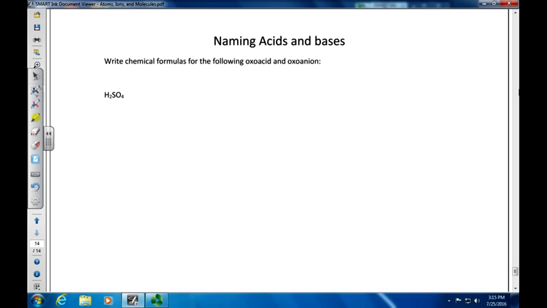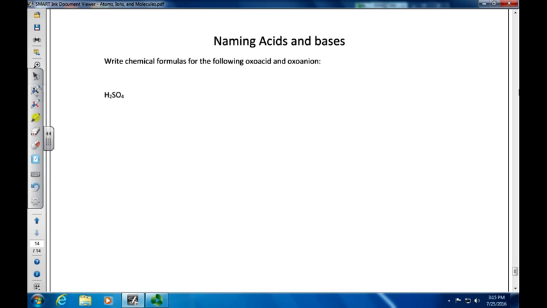And today we are talking about naming acids and bases, specifically oxoacids and oxoanions, which is the base equivalent. So let's look at our first example, H2SO4. Well, this one's rather simple.